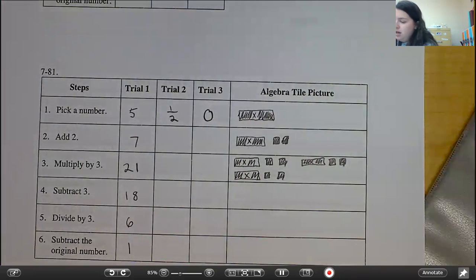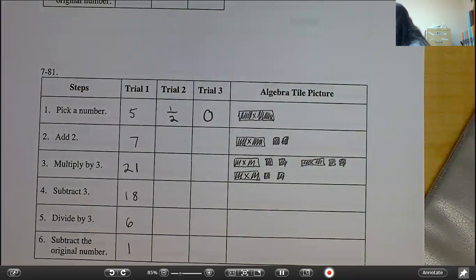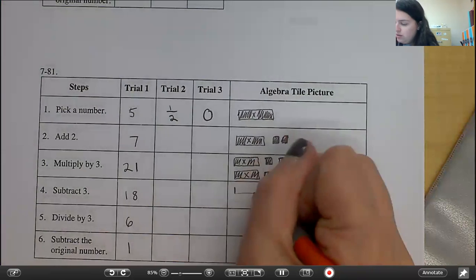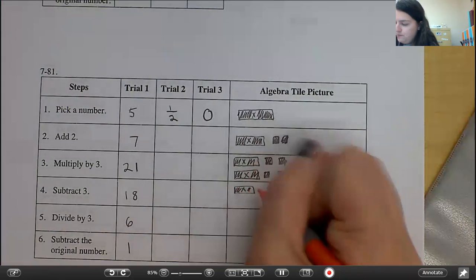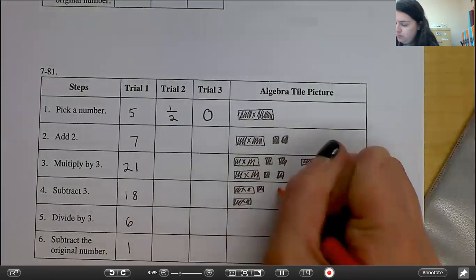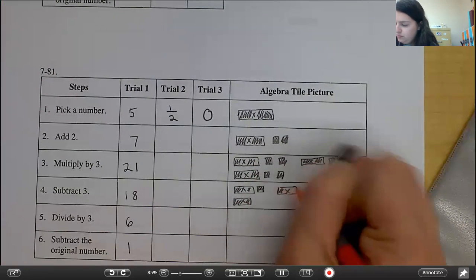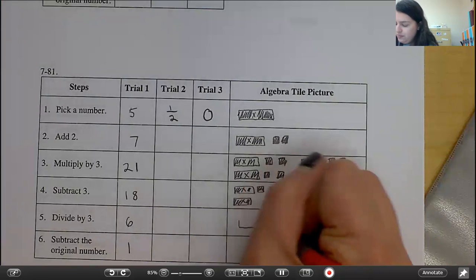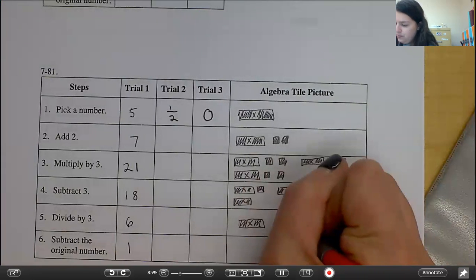Okay. Then we need to subtract 3. So when we subtract 3, what do you think that we are subtracting? We could just subtract 1 unit tile from each. So now this becomes... so when you divide by 3, we have X and a unit tile left.